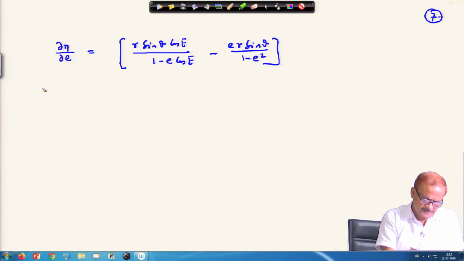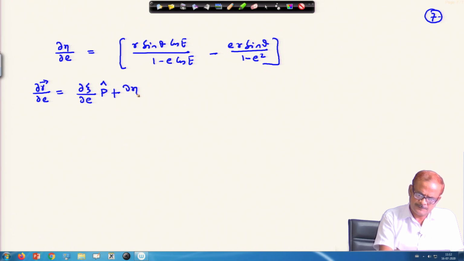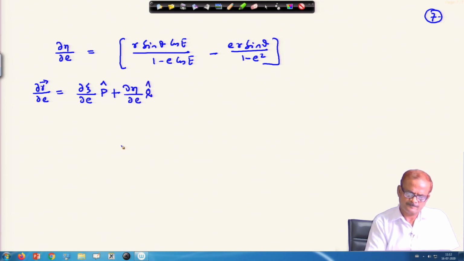Now, we can utilize these terms in finding out dou r by dou E, which we have written as dou xi by dou E p cap plus dou eta by dou E q cap. So, inserting the values, p cap and q cap are available to us.